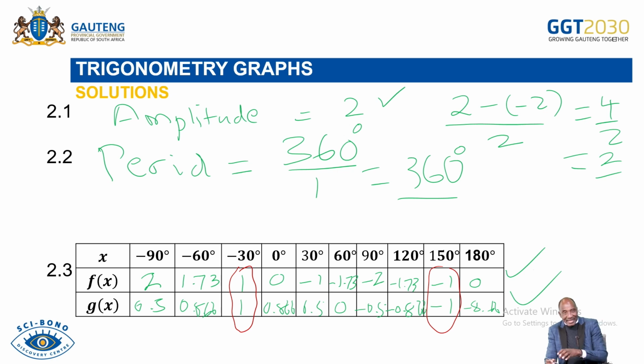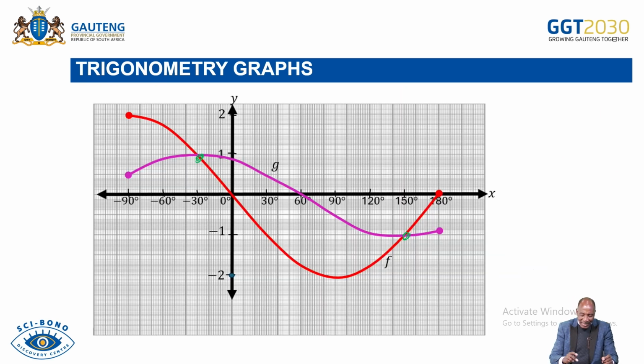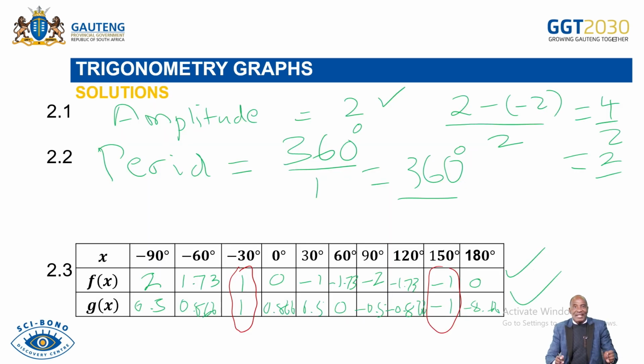So having completed this, you are going to mark again point after point those points that you obtained on your calculator. The first point being negative 90 versus a 2 for the first graph, which is this point. The next point is negative 60 versus, we said, 1.73.